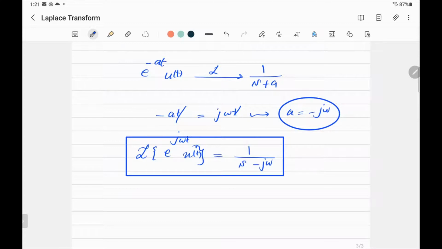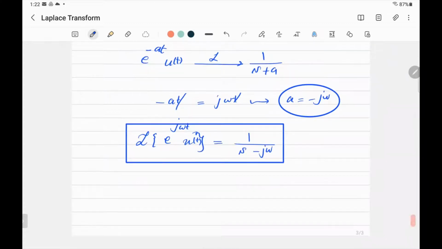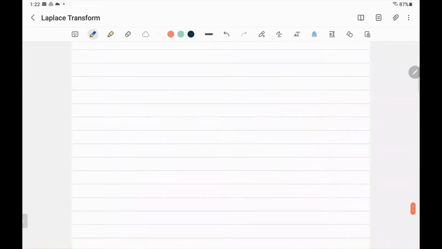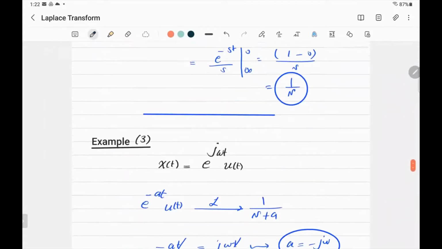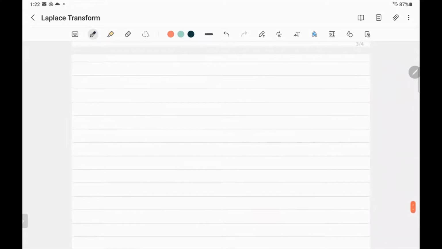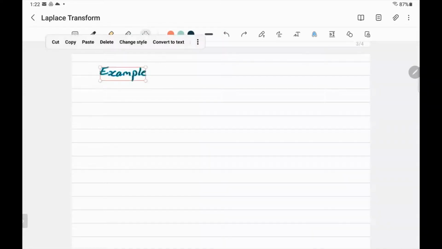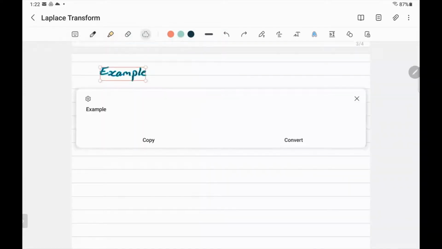Let me ask you another question, easy like this. I'm doing these examples in sequence for a reason, and you will see the results now. I'm sure all of you will know how to do this one.